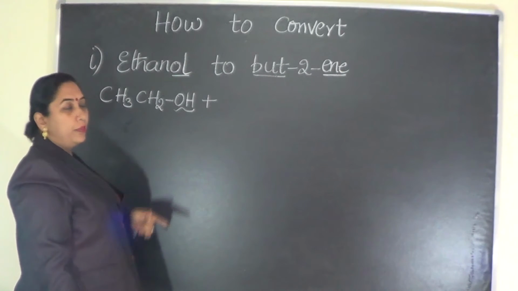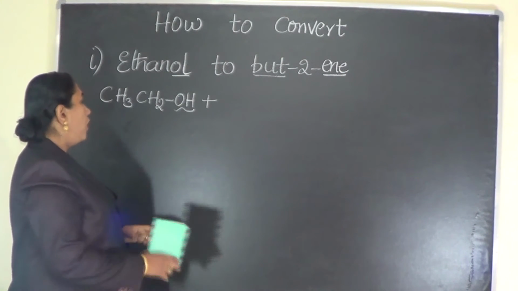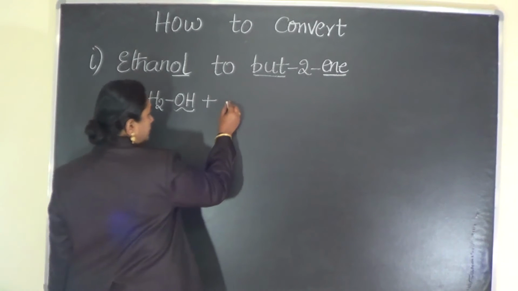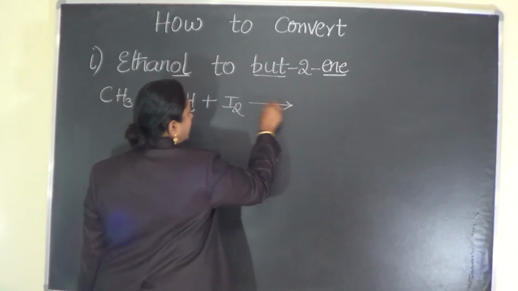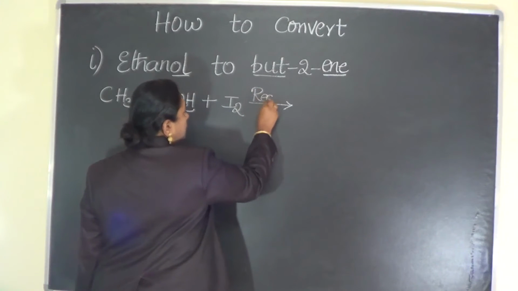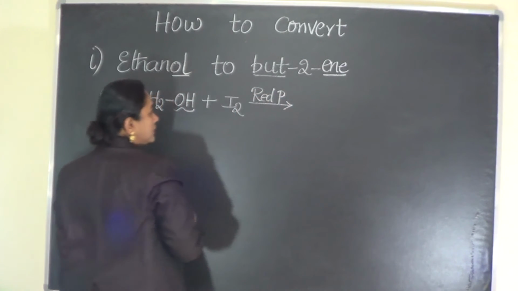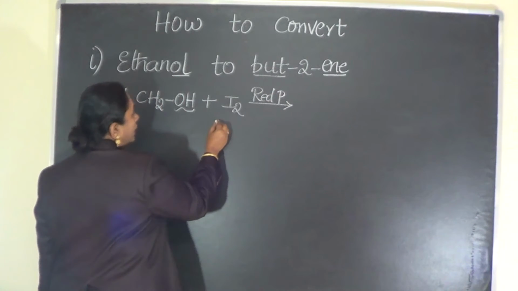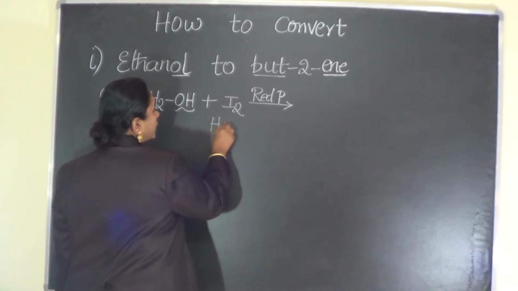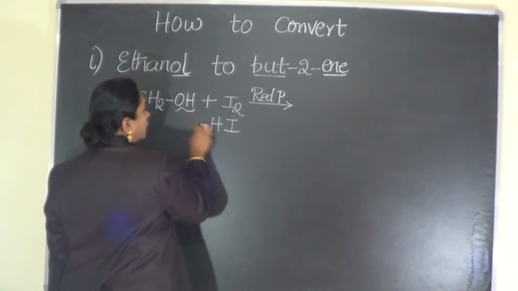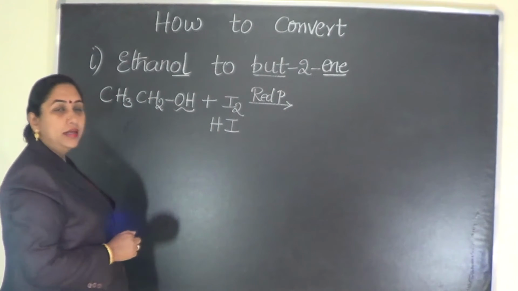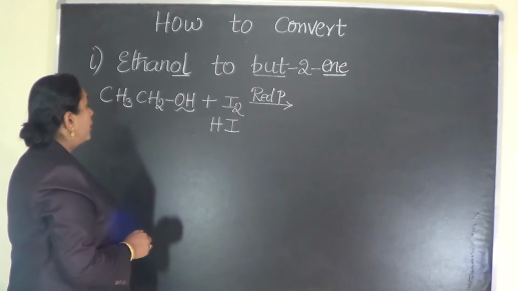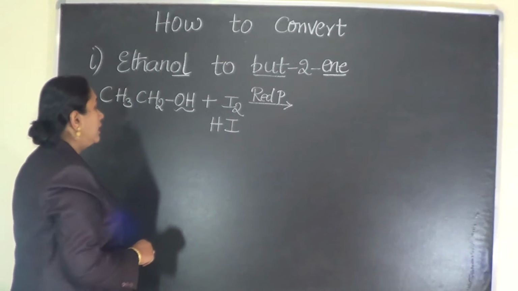So the first step would be to convert alcohol to an alkyl halide. That can be done by treating it with a halogen in presence of red phosphorus, or the same conversion can also be brought about by treating alcohol with a hydrogen halide. Either way, it yields the corresponding alkyl halide.